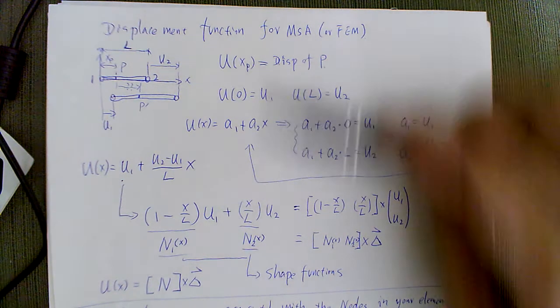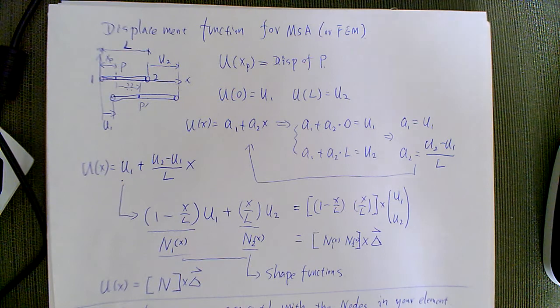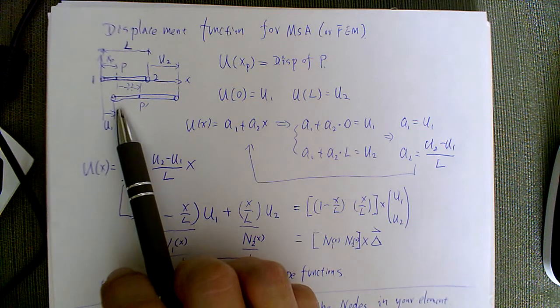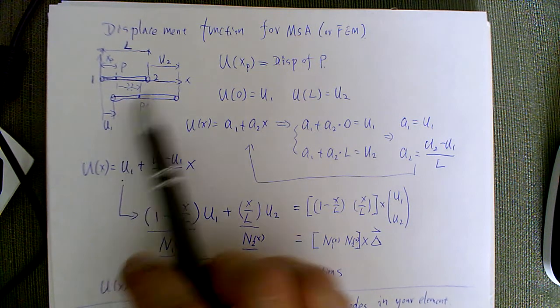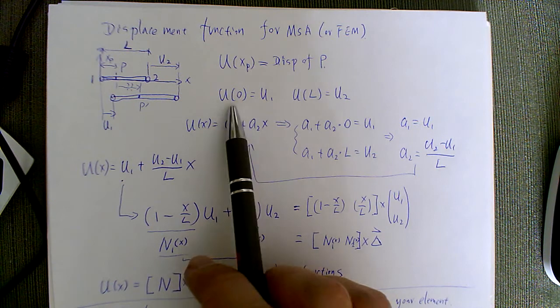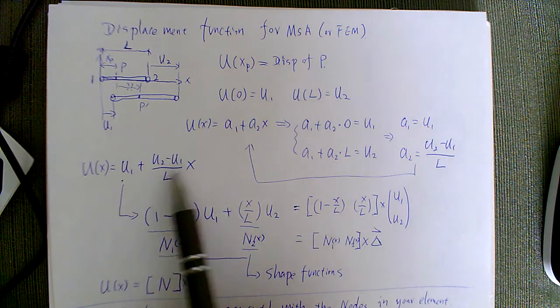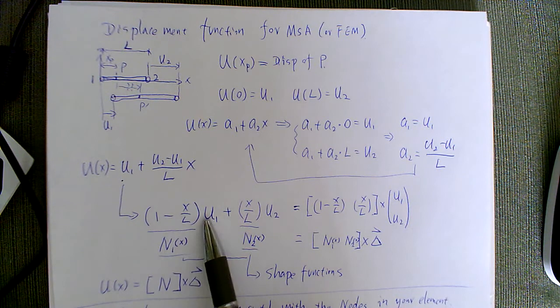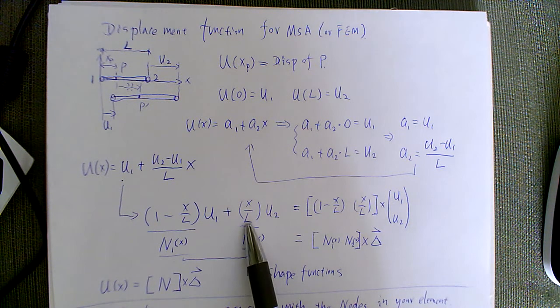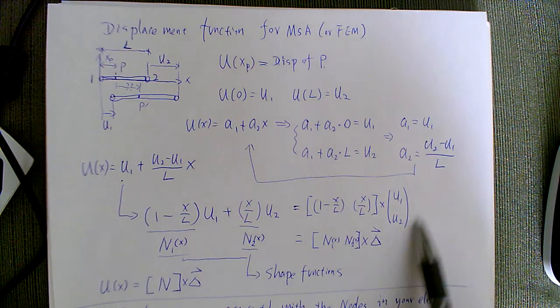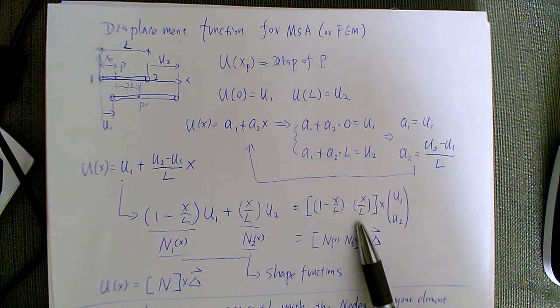But at least through this lecture, I want to hammer in your head that for an element, you can write out the displacement function in terms of shape function times nodal displacement, plus another shape function times nodal displacement, and then you can write it in vector multiplication form.